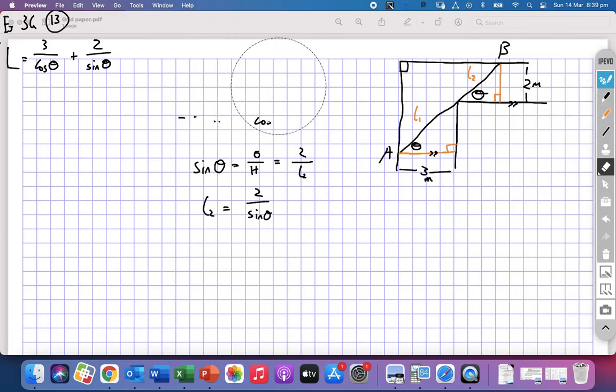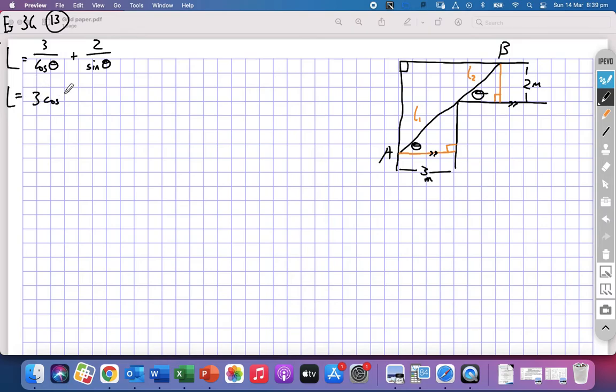So you would have to show some working out if you were getting marked on this. You can draw in little triangles on the diagram, do some working. I've erased my working because I'm going to run out of room. Now, when it comes to finding the derivative, I would rewrite it first. Cos theta to the minus 1.